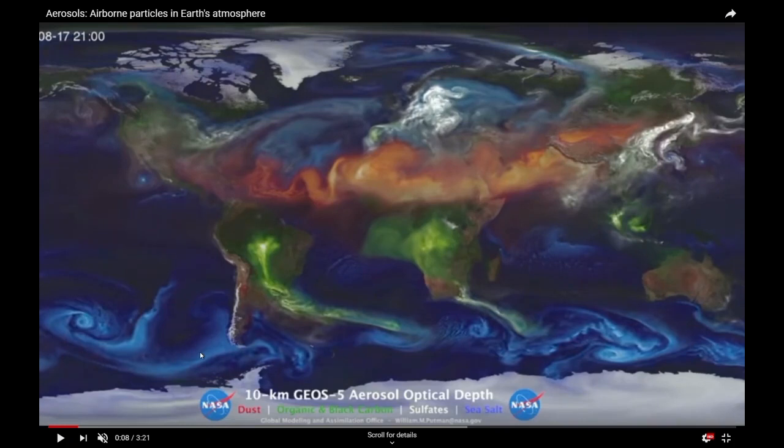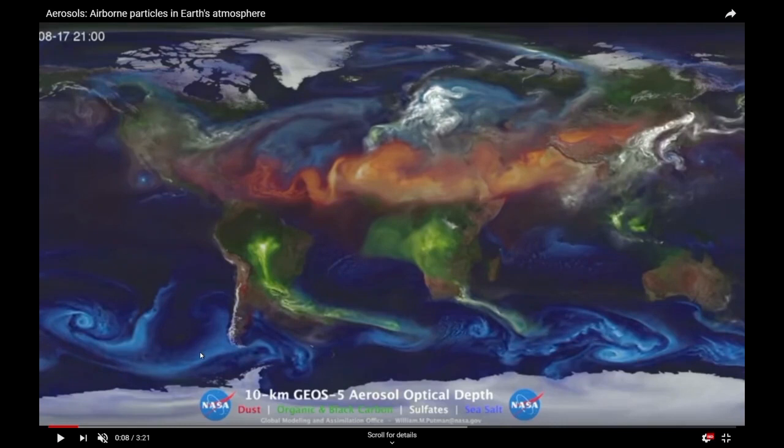So, the different types of aerosol in this simulation are coloured. What do you think the blue coloured aerosol are in this simulation? Sea salts. The green coloured, they are organics, but in this case they're from fires rather than from the biogenic emissions from forest.